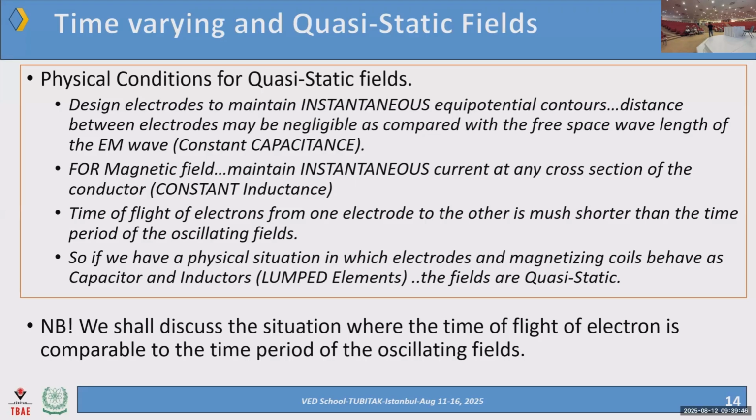For example, if we have a cathode and an anode, and I apply a 4, 7, or 10 microsecond pulse. That is usually the time period of a pulse in klystrons. Then for that particular time, the fields are sort of static.